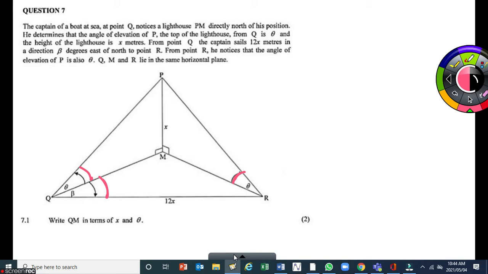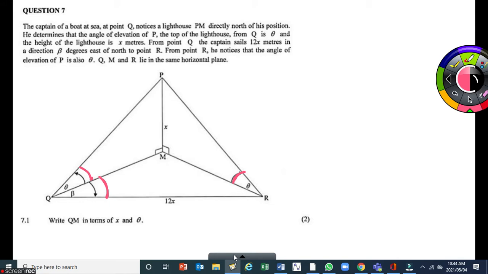Most of these questions require the trig ratios: sine theta is opposite over hypotenuse, cos theta is adjacent over hypotenuse, tan theta is opposite over adjacent. I've got two right-angled triangles, PQM and PMR, which means I might need to use any of the three ratios in both triangles.